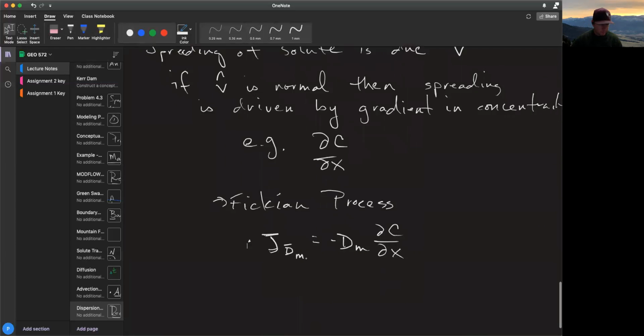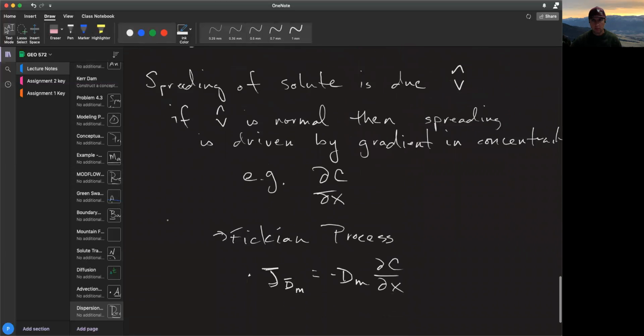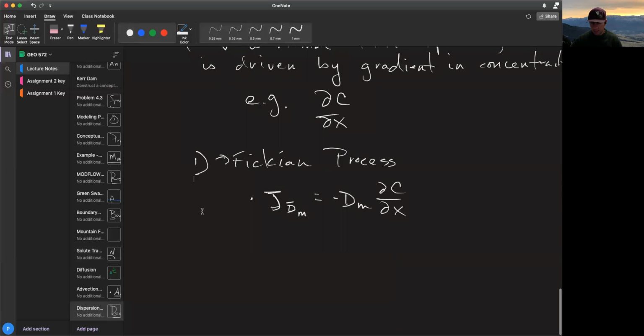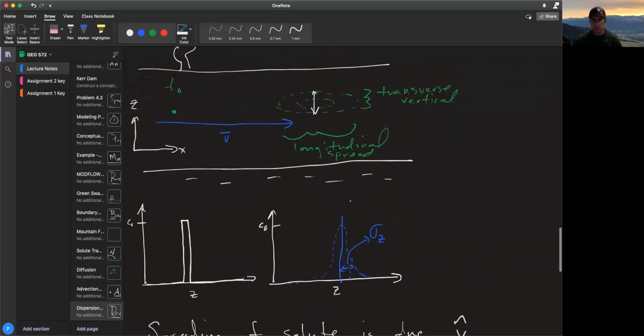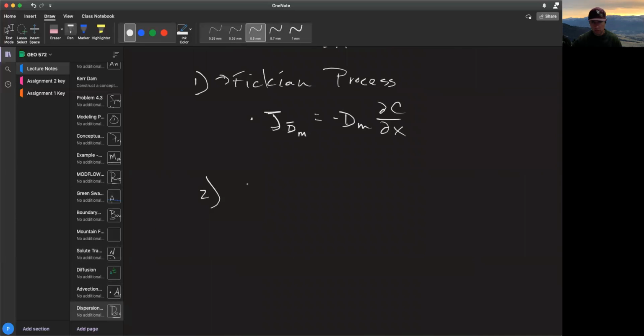All right. Now, if V is normal also, so here's the first implication of V being normal. The second implication is that the variance, or the spreading, is due to this dispersive transport. And so we can characterize the dispersivity.